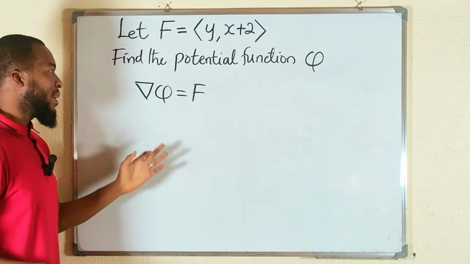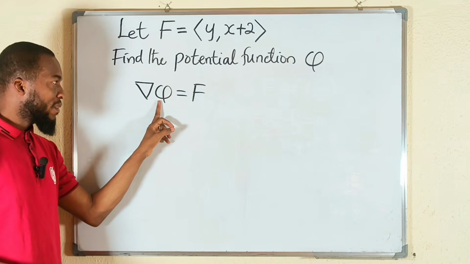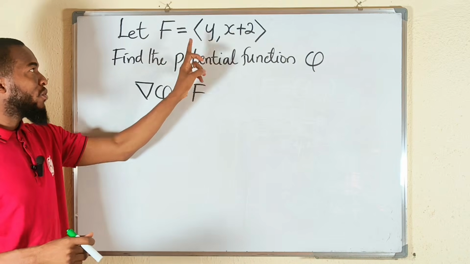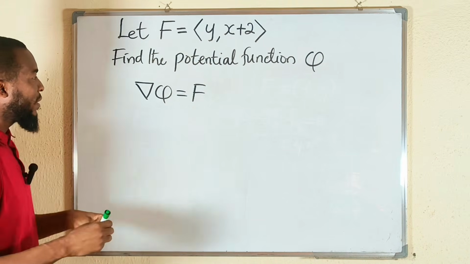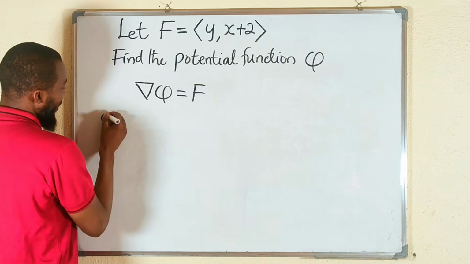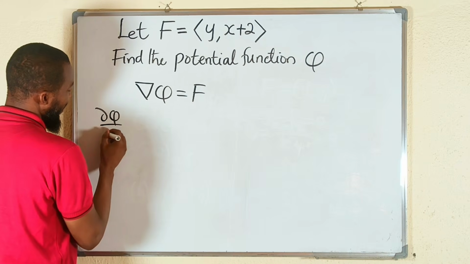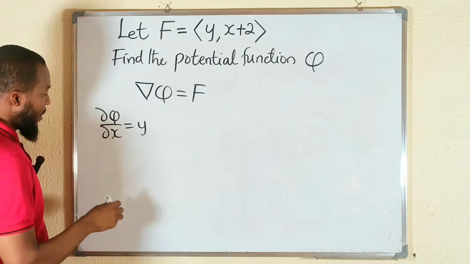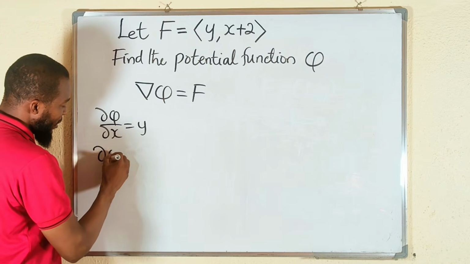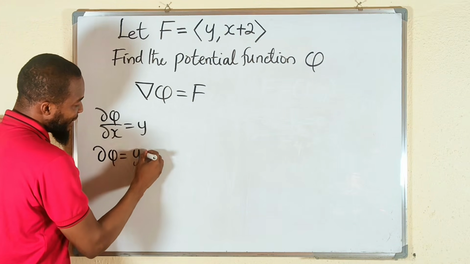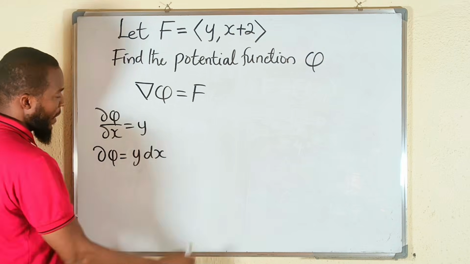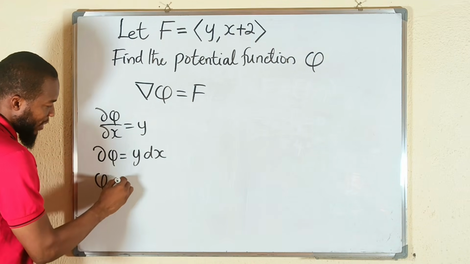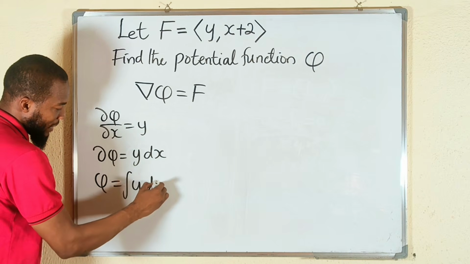One thing you should remember is if you differentiate this potential function, which we are looking for, with respect to x, you have to get the first component. So therefore, del phi del x must be equal to y. Therefore, del phi is equal to y dx, right? Let us integrate both sides. The moment you integrate, you have phi equal to the integral of y dx.